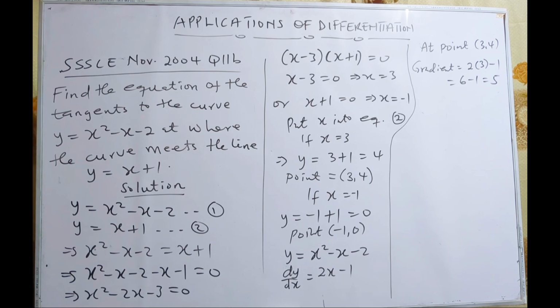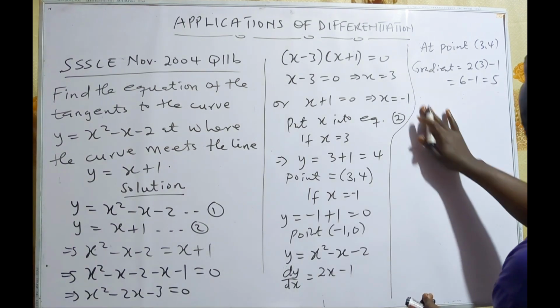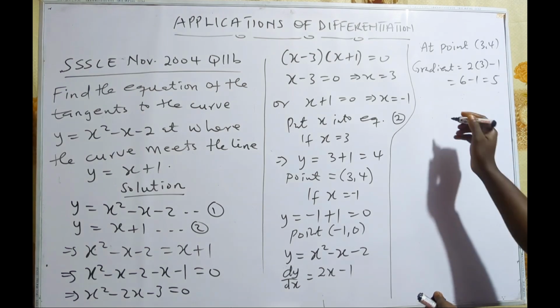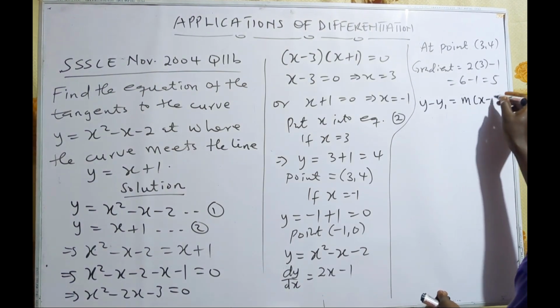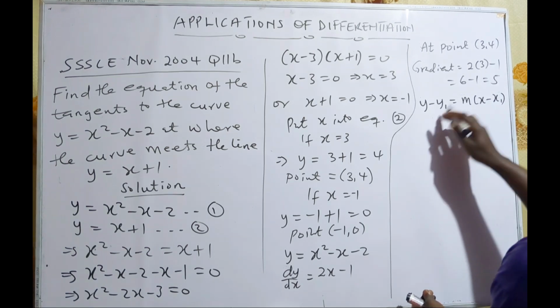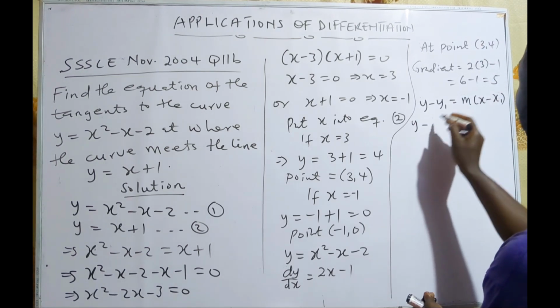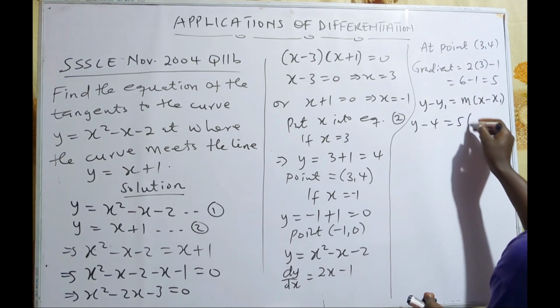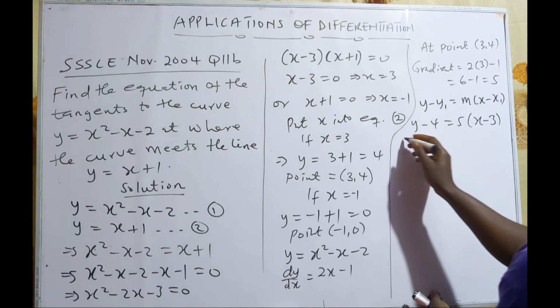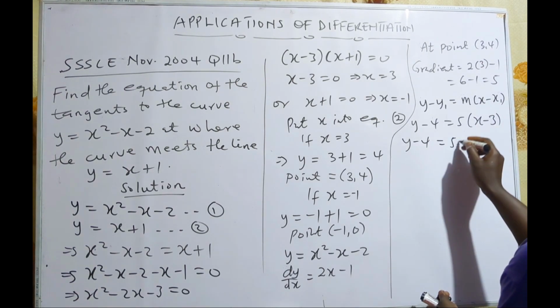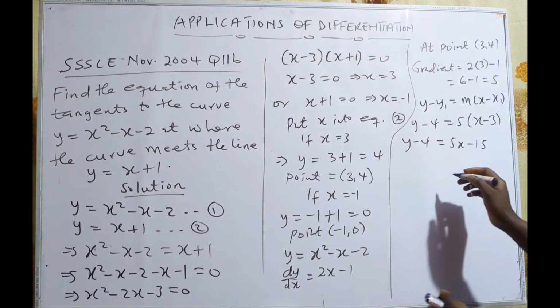Okay, so if that is 5, then what will be my equation? My equation can be obtained as y minus y1 equals m times x minus x1. So at this particular point, y minus 4 equal to 5, which is the gradient, times x minus 3. So it will be y minus 4 equal to 5x minus 15.